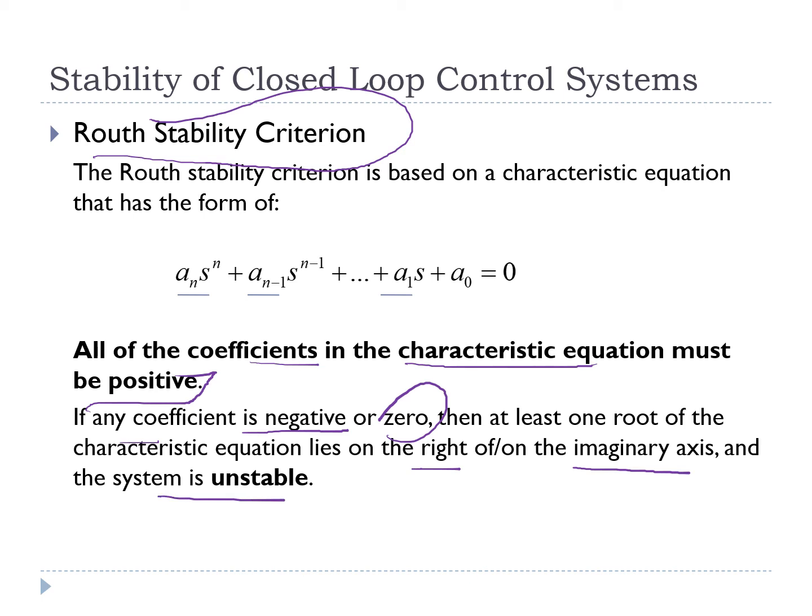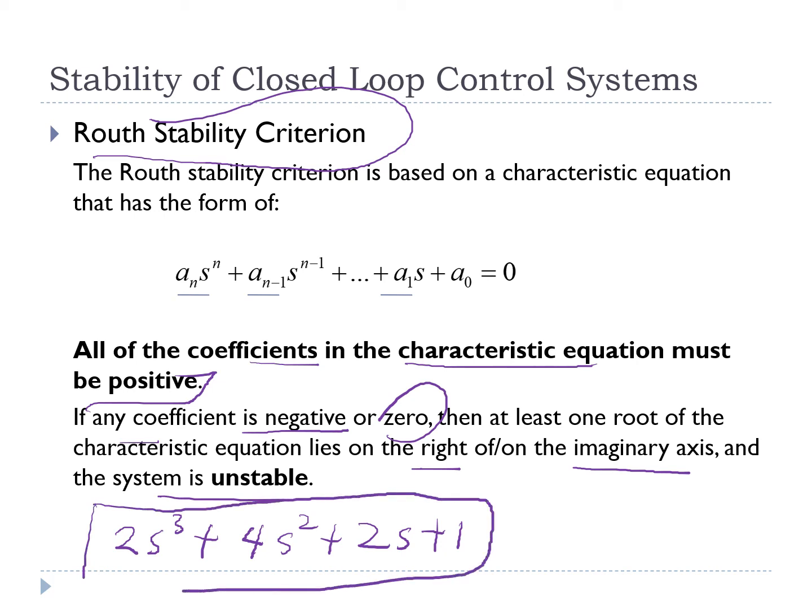For example, if you have this characteristic equation, all of the coefficients must be positive in order for the system to be stable. If one of the coefficients is negative, the system is unstable.